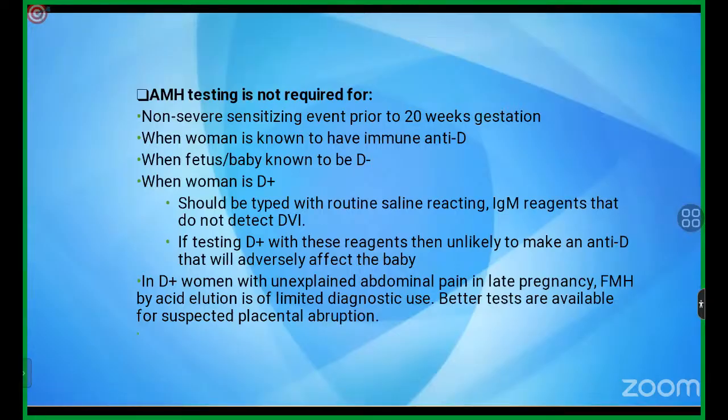How can we know that the baby is possibly rhesus positive? This is the reason why sometimes it's important to consider the blood group of the father, because the baby can inherit the rhesus positive antigen from the father. So this is key in this consideration.